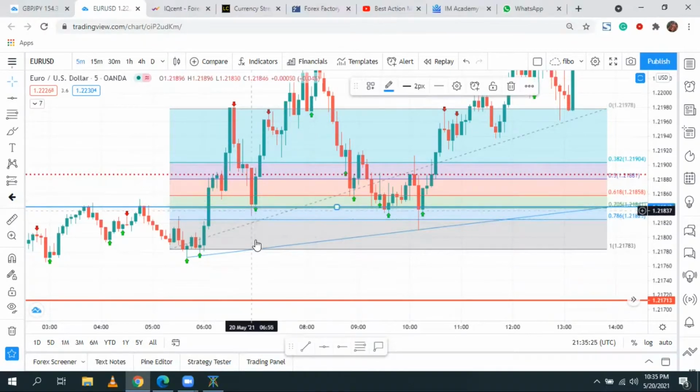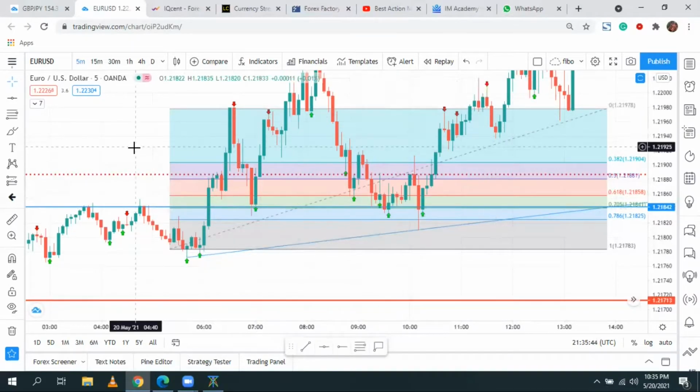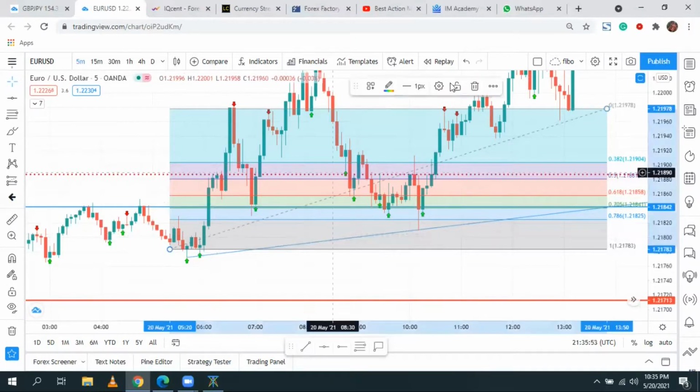But now you using your Fibonacci at the exact same level, your fib is more comfortable to use. And guess what? It came back there again. And the market kept pushing it up. So that's an example of using your fib and your support and resistance together.